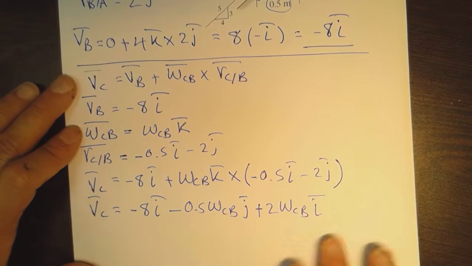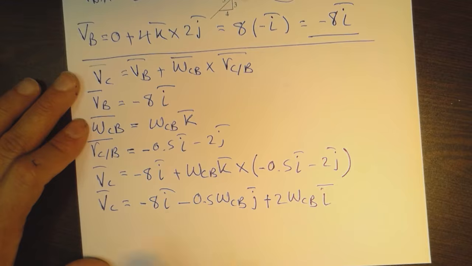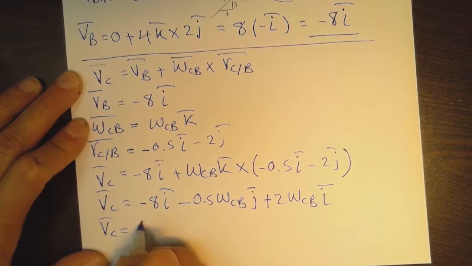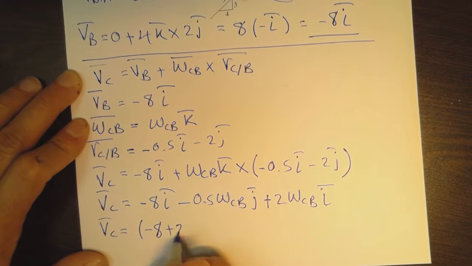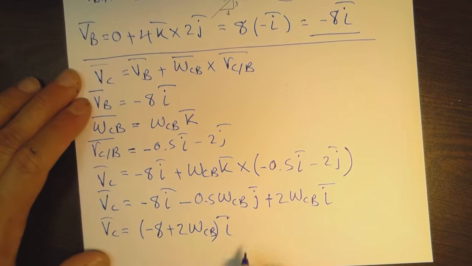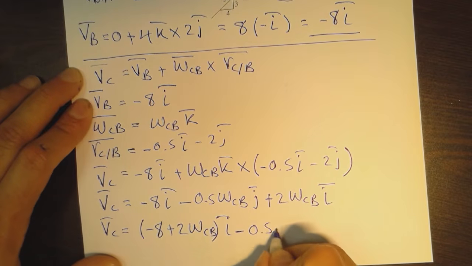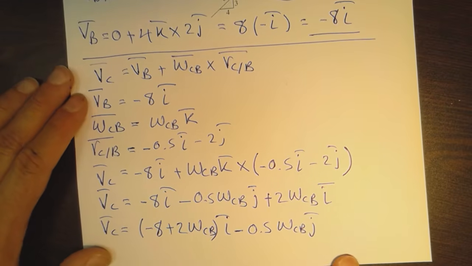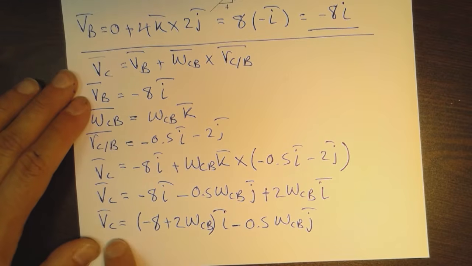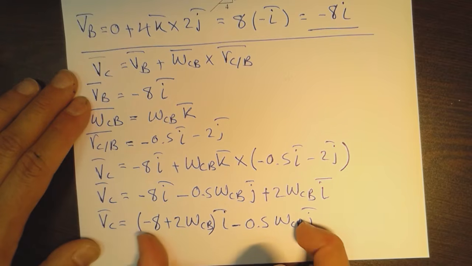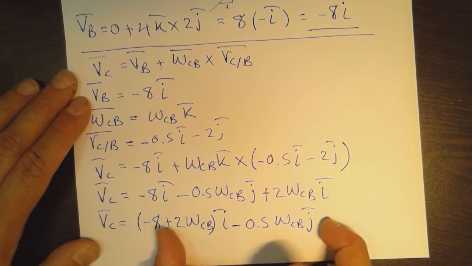We combine the terms together, so I'm going to combine this term with this term and write minus 8 plus 2 omega CB i minus 0.5 omega CB j. This is the function or the term that describes the velocity of the slider C.